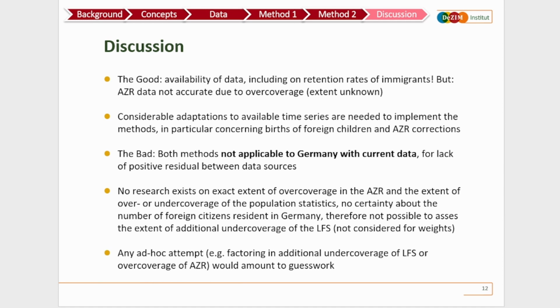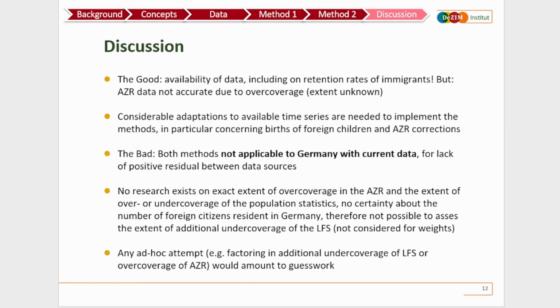So the only thing you could have done was to make ad hoc assumptions, or really arbitrary assumptions of if the overcoverage is X% and the undercoverage is Y%, then I get this kind of estimate, but this is rather arbitrary.